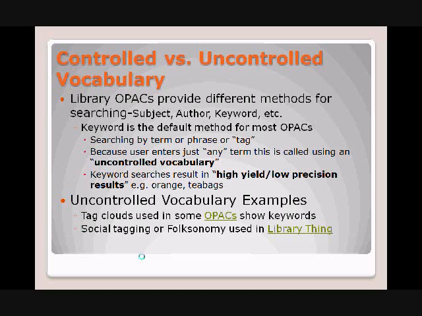Now, there is a political movement that is related to the tea bag, and so your Google search will result in information about a tea bag, something that you would put tea leaves in, and also the political movement. So, there are some examples of how you might go about doing uncontrolled vocabulary searches by keyword and how the results would be shown to you.